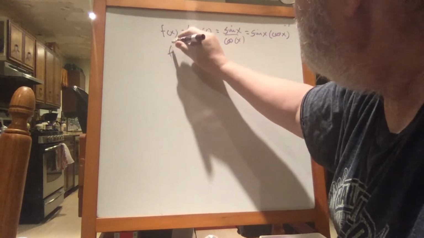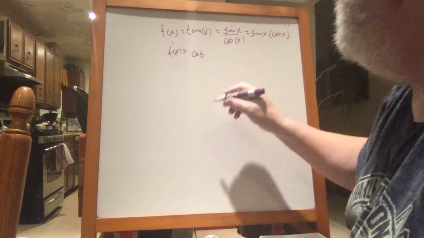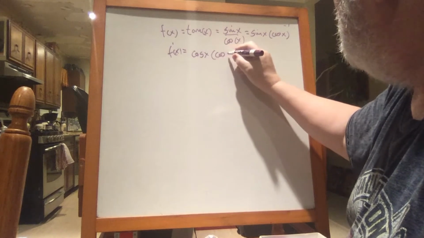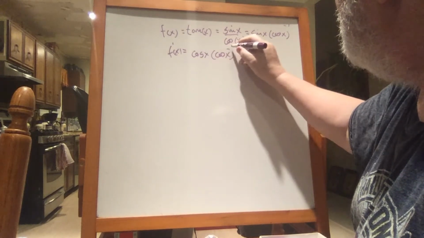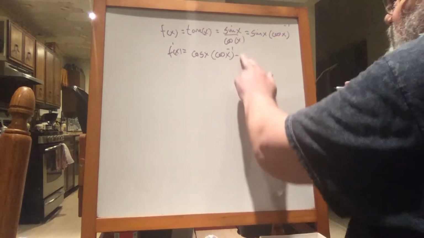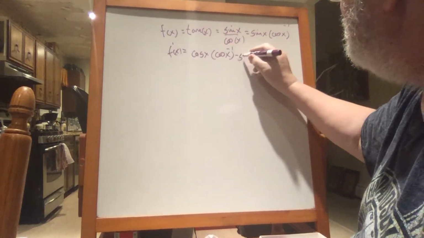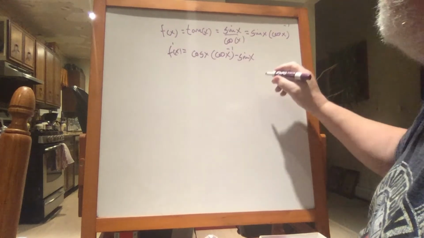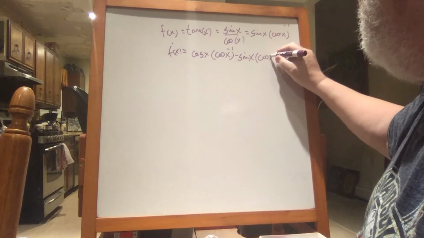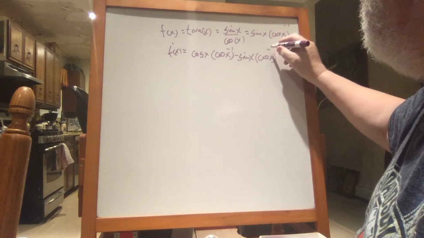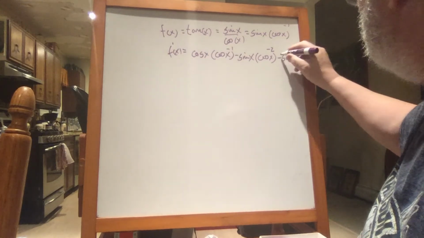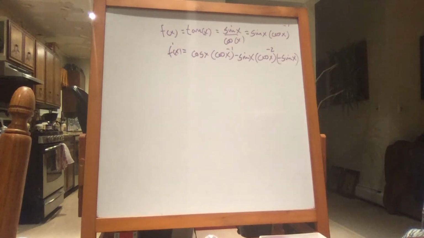So we'll first take a look at cosine of x. Let's say f prime of x equals cosine of x times cosine of x to the negative 1, minus sine of x times cosine of x to the negative 2 times minus sine of x.